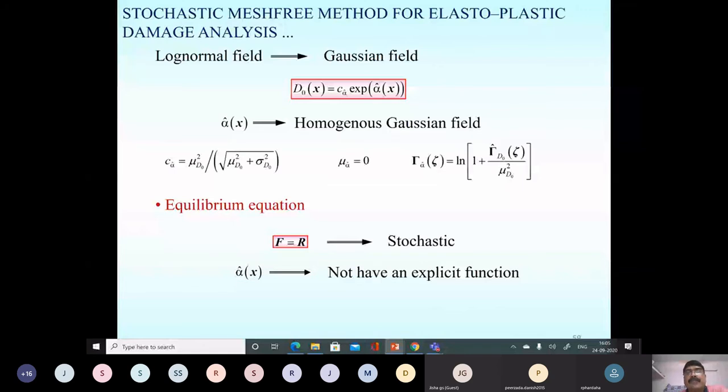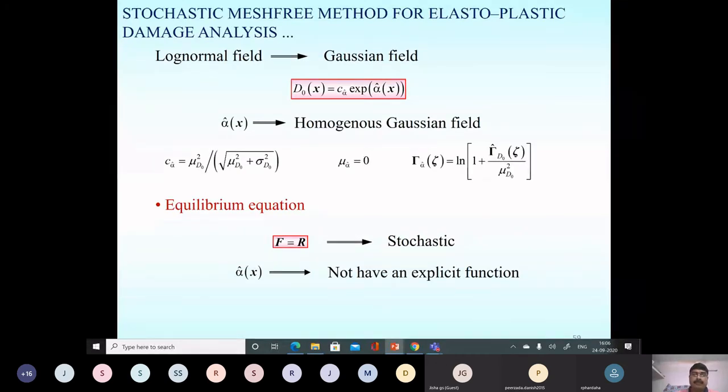And the moment I have the exponential field, it's symmetric, Gaussian field symmetric, and when I use some Taylor series expansion and take the expectation operator, only the even terms survive. I can reduce the number of terms.